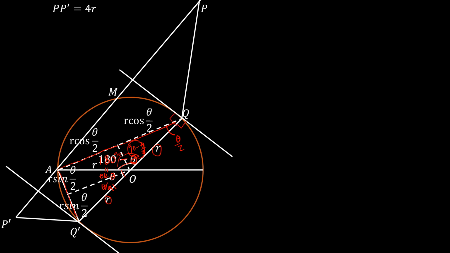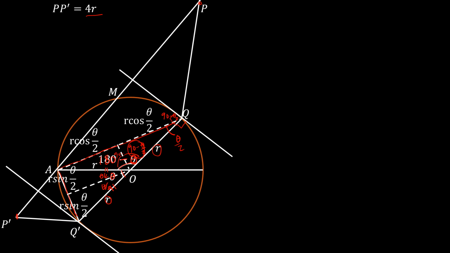Similarly, this angle here is going to be 90 minus theta over 2. So if we do have r cosine theta over 2 plus r cosine theta over 2, we have 2r cosine theta over 2. Similarly, here we have 2r sine theta over 2. We are going to prove that the distance PP prime is 4 times the radius of the base circle.